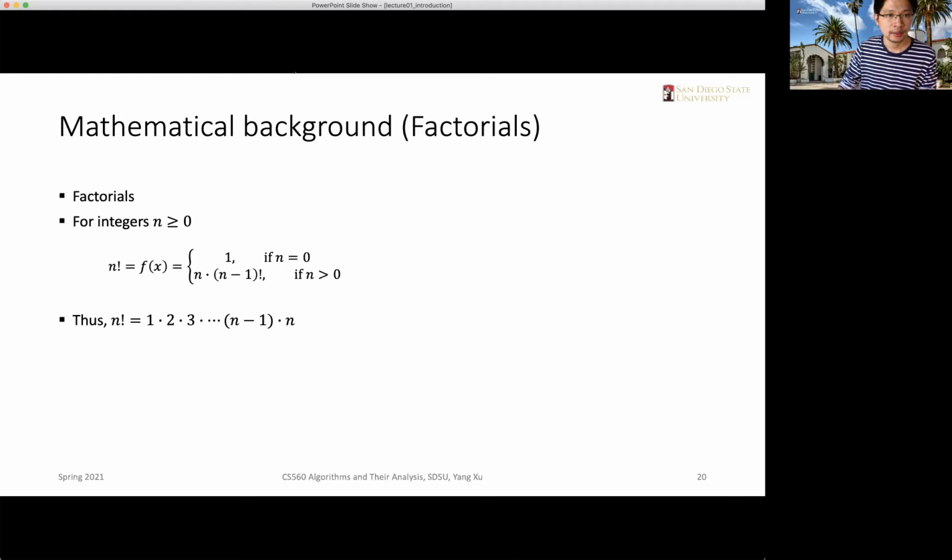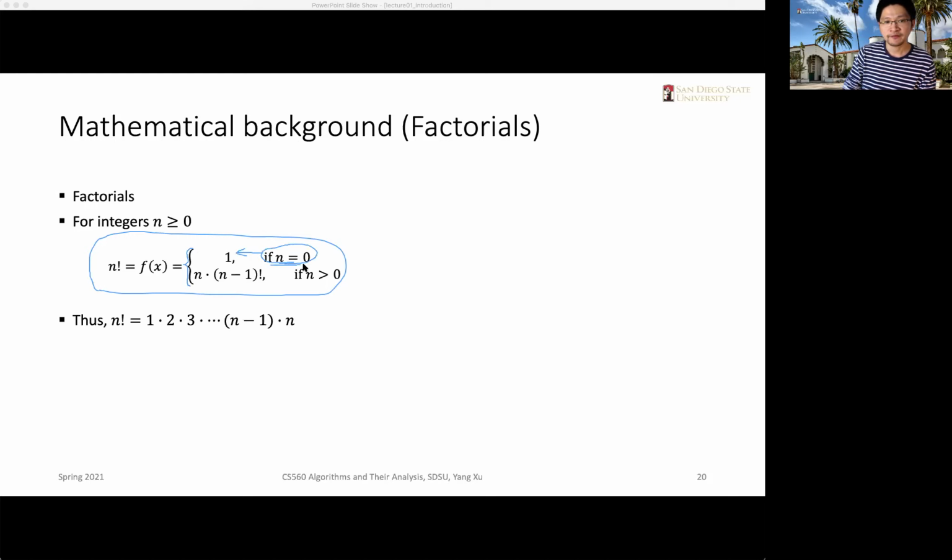And this definition is a kind of recursive definition that we will see a lot throughout this semester. We use these curly brackets to define two conditions. The first condition tells us the value of this function in some boundary condition.